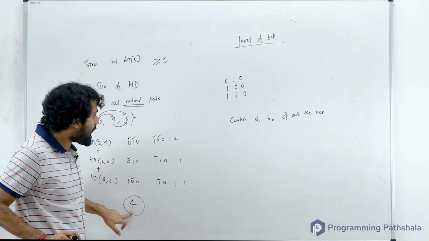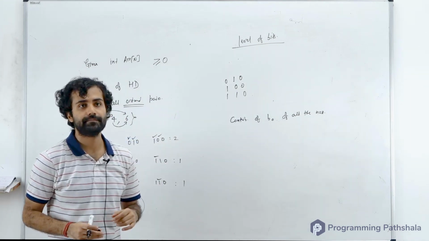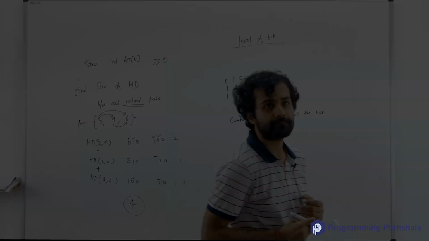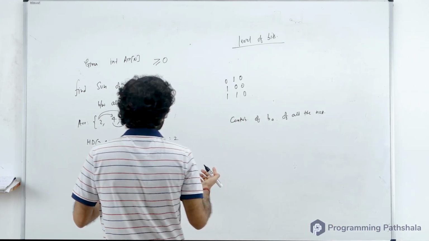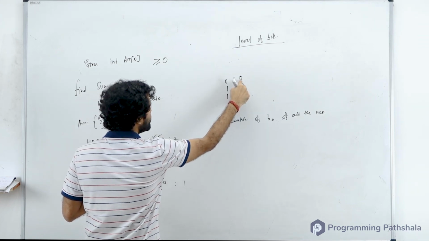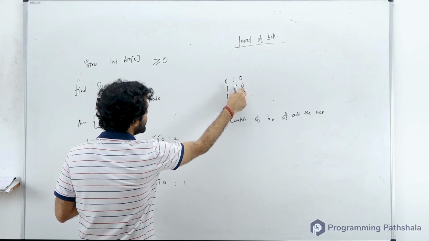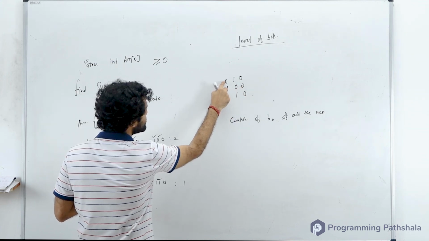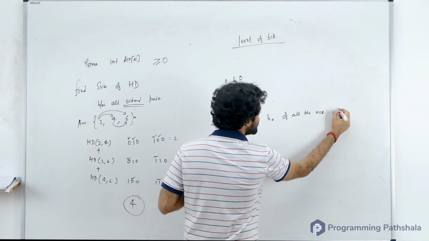In this 4, how much is the contribution of bit 0 of all the numbers? Can you tell me that? 0. Very good. Because what I mean by that is, when this collided with this it did not give any help. When this collided with this it did not give any help. And when this collided with this it did not give any help. So the contribution of bit 0 was 0.